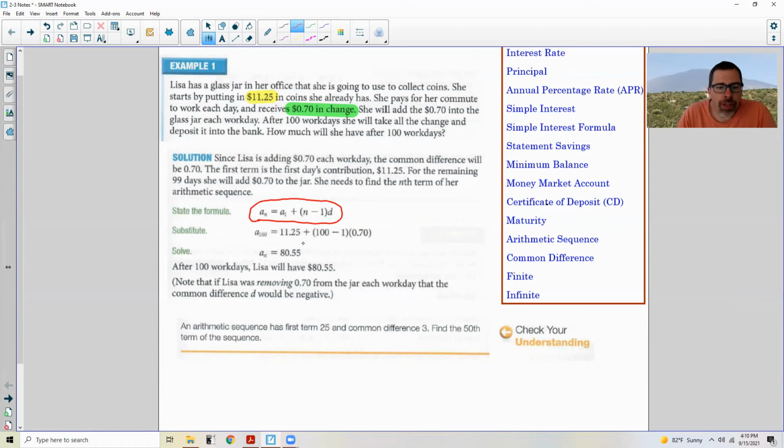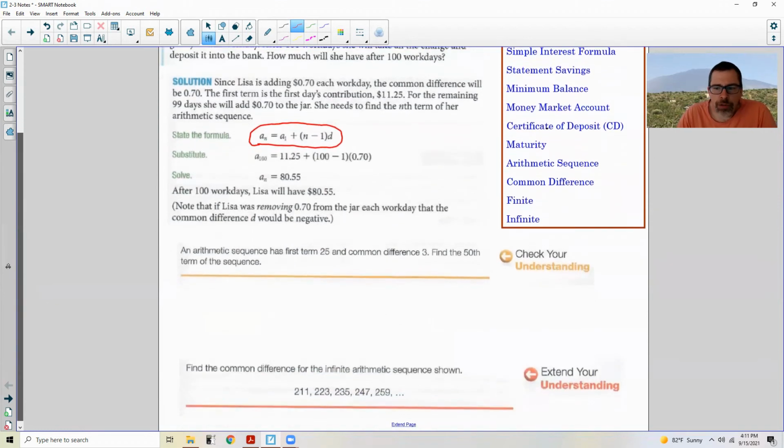So when we solve that, we get a sub 100 equals $80.55. So after 100 workdays, Lisa will have $80.55. And it says here, note that if Lisa was removing 70 cents from the jar each workday, the common difference d would be negative.